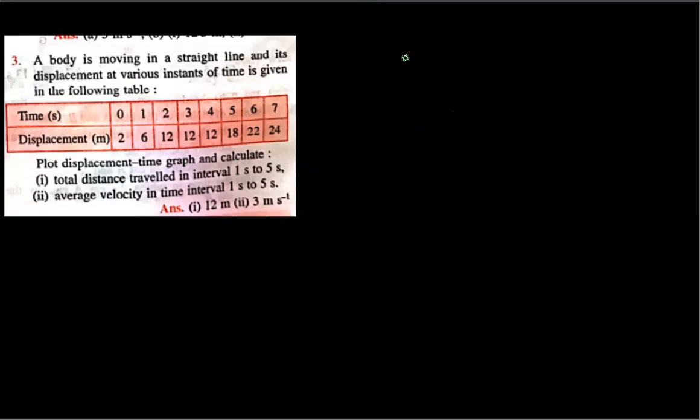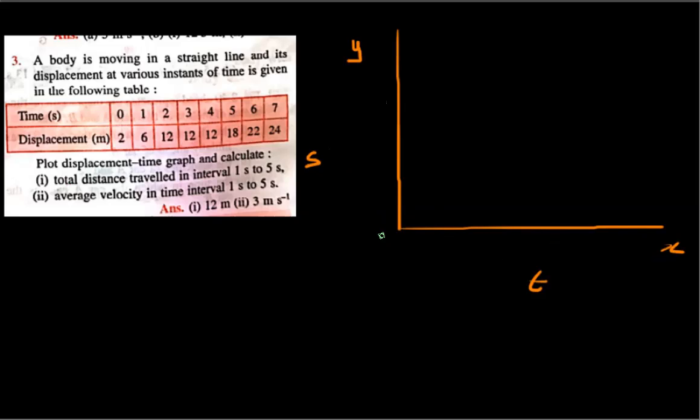For that, let me just draw the x-axis and the y-axis. So let's say this is our y-axis and this is our x-axis. So let me just label it. We'll take the time on our x-axis and we'll take the displacement on our y-axis. Now, the time is going from 0 to 7, so we don't need to take any particular scale.